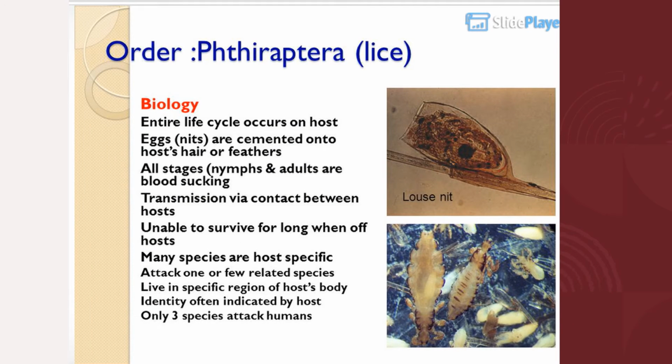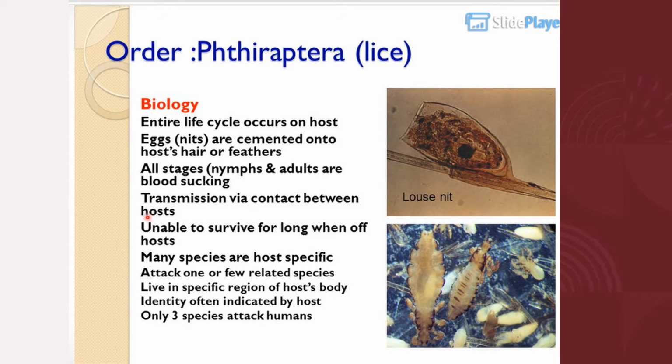For the biology, the entire life cycle of the lice occurs on the host. Their eggs, also called nits, are cemented onto host hair or feathers, as shown in this figure. All active stages of the lice, the nymphs and the adults in particular, are bloodsuckers.